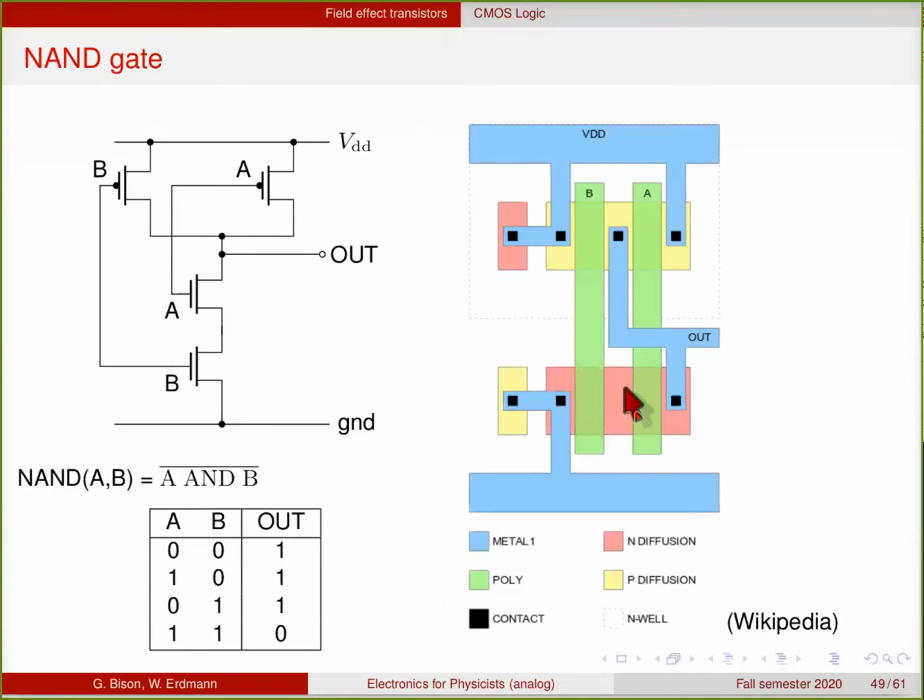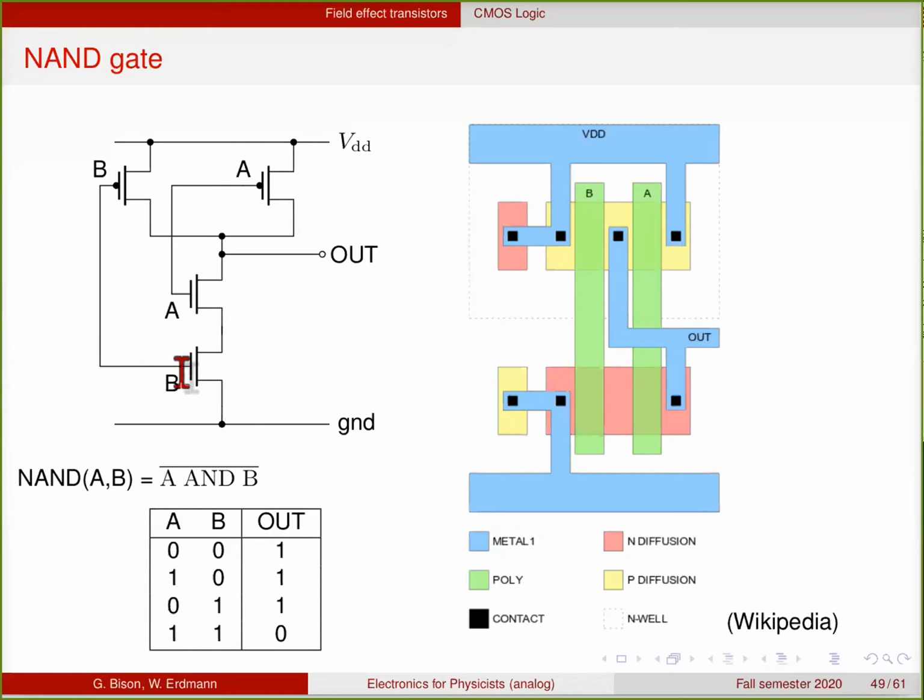You can also do more complicated things like the NAND gate. So a NAND gate is the AND of A and B followed by an inversion logically. But it's usually implemented not as an AND, but as a NAND, because that can be done with a simple combination of 4 transistors. So you have 2 NFETs pulling down, and they will only pull down if both NFETs are switched on.